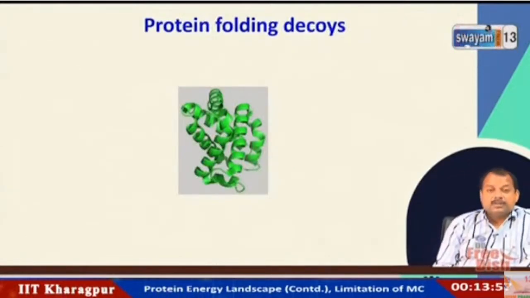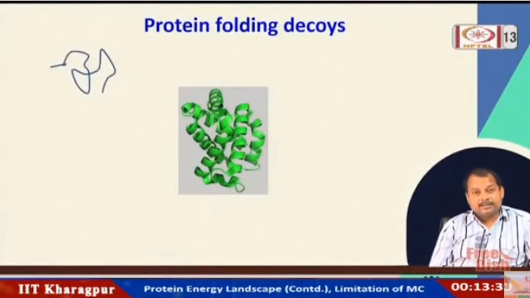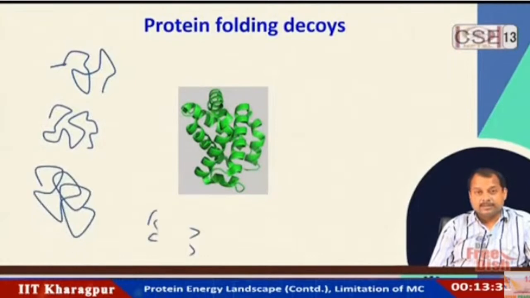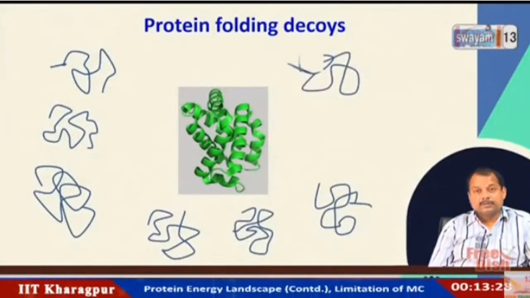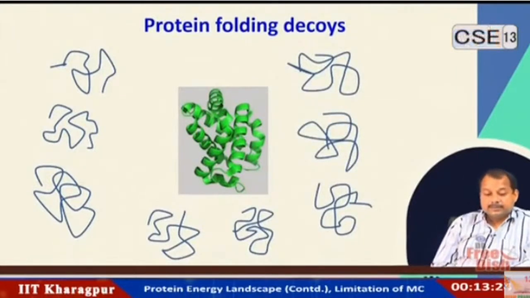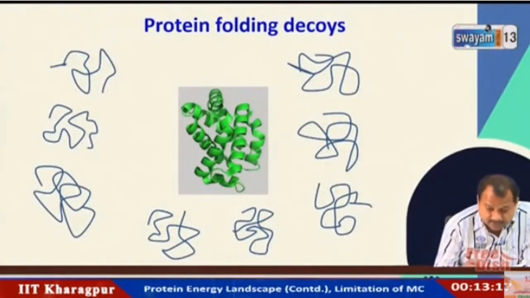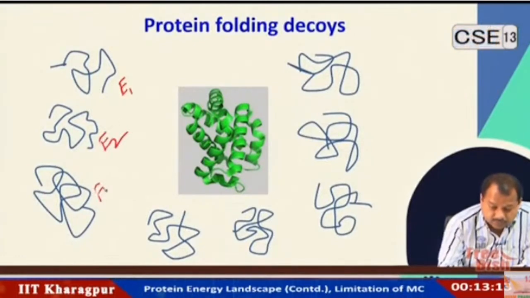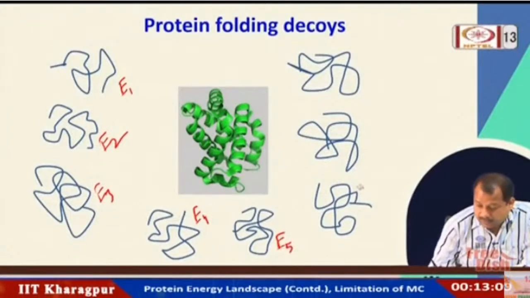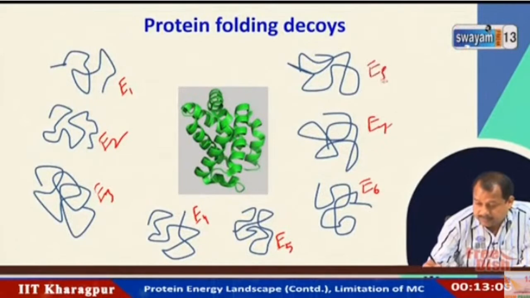When we are working with a computational technique, then basically I have a number of intermediate states. In computation I can call them partially folded states or decoys. Such things we already discussed in the context of protein complex modeling. In case of protein folding also there can be some decoys, like this, like this. Now, these decoys will have individual energies, say without any loss of generality, E1, E2, E3, E4, E5, E6, E7, E8 and so on.